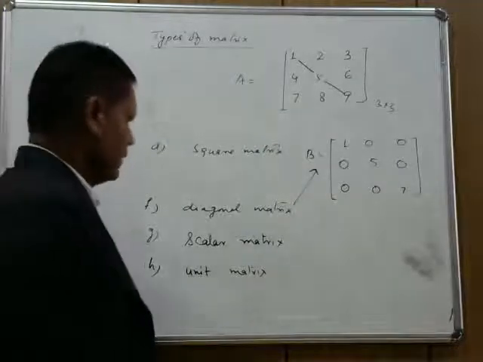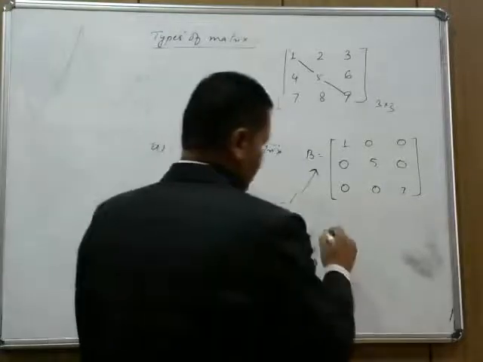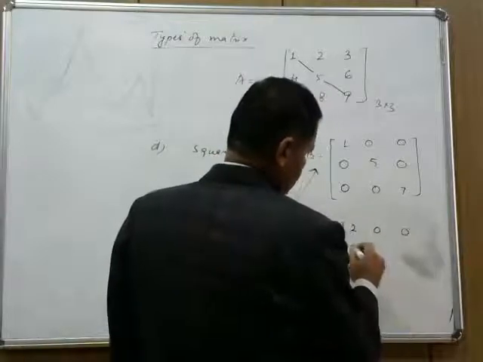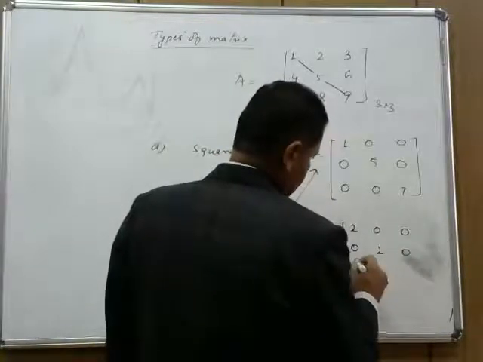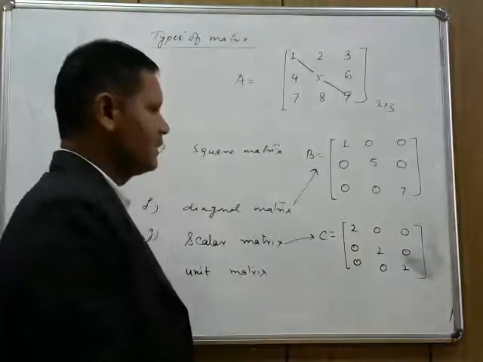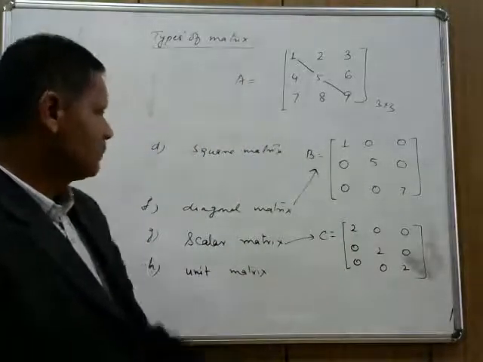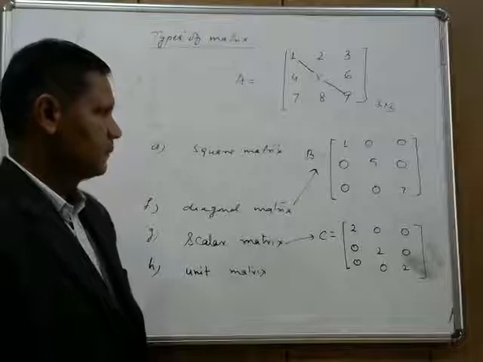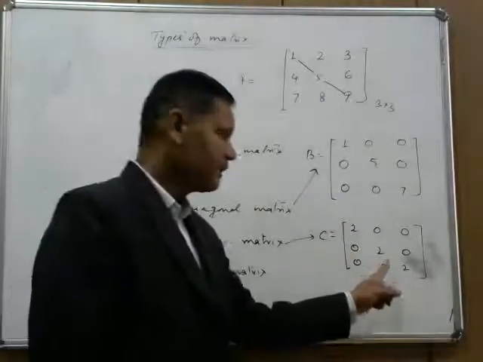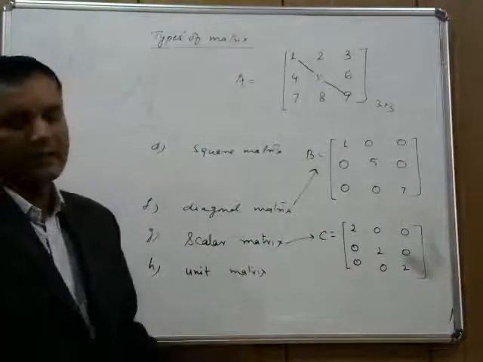Okay, that means that becomes what? A scalar matrix. If I write C is equal to 2, 0, 0, 0, 2, 0, 0, 0, 2. Here all the diagonal elements are 2 only. Now the square matrix whose diagonal elements are equal is called a scalar matrix.